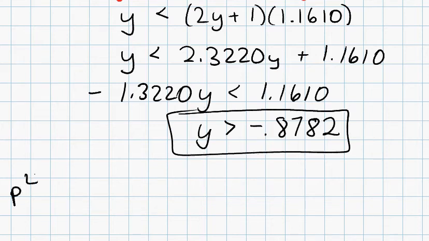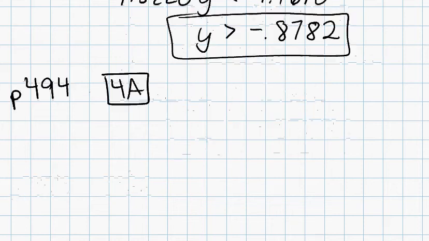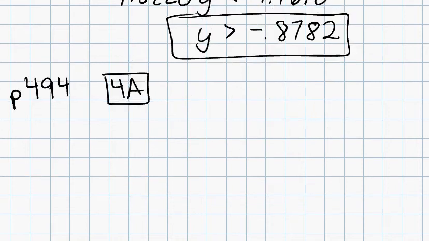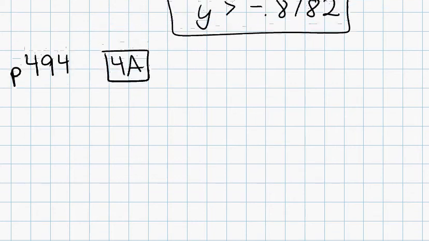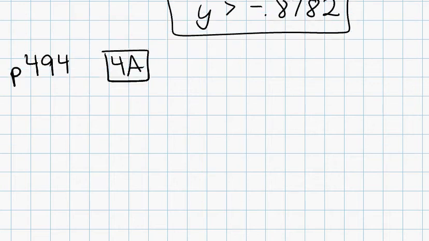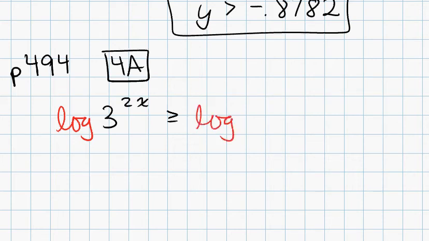On page 494, problem 4a, please pause the video and do it. Welcome back. So you should have taken the log of both sides and then used the power property to move the exponents to the front. So log of 3 to the 2x is greater than or equal to log of 6 to the x plus 1.